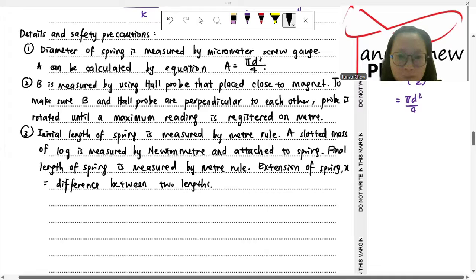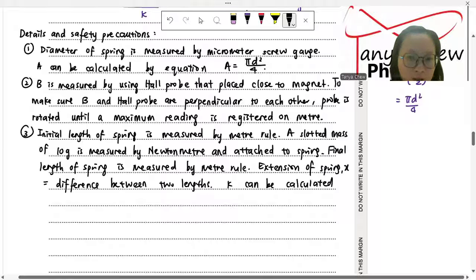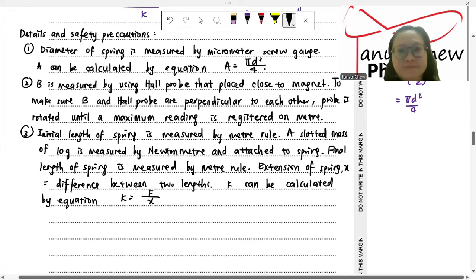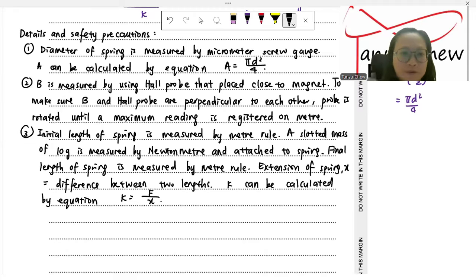So K can be calculated by the equation K equals F over X. A slotted mass of 10 gram, the force, right, is measured by a Newton meter or Newton spring balance.